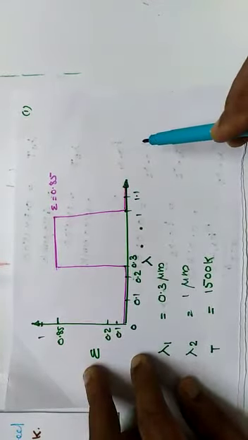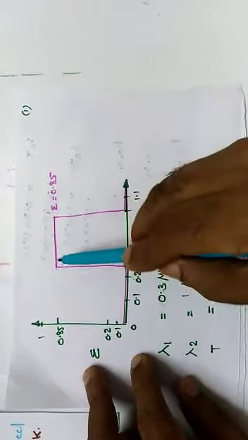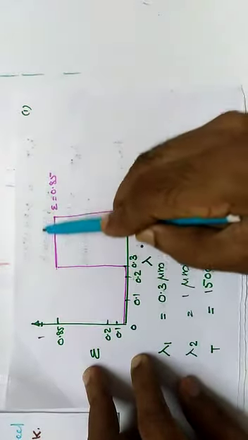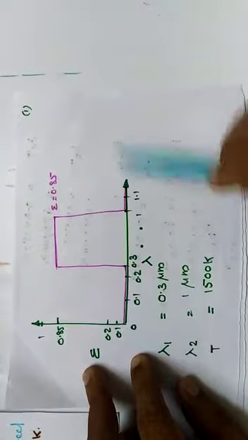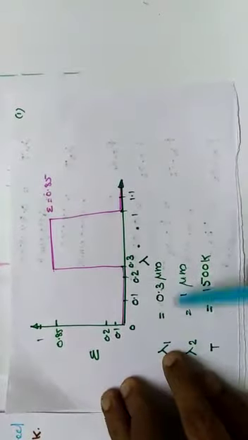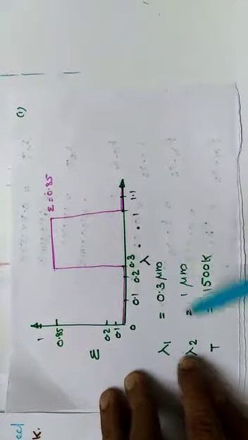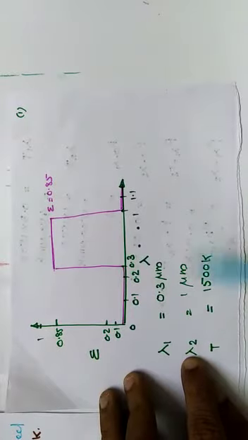We have to calculate the fraction of the energy between the wavelengths 0.3 and 1 micrometer. So lambda 1 equals 0.3 micrometer, lambda 2 equals 1 micrometer, and the temperature T equals 1500 Kelvin.